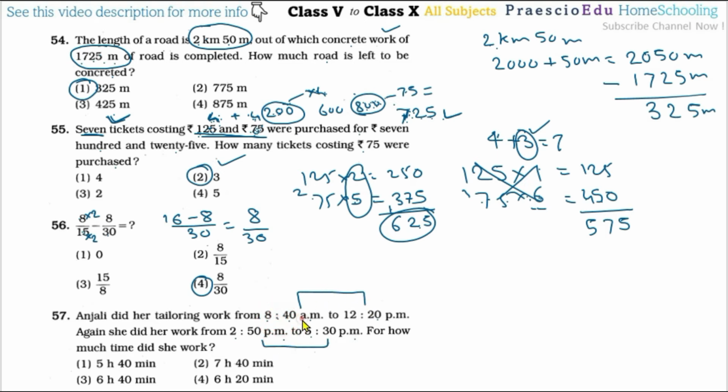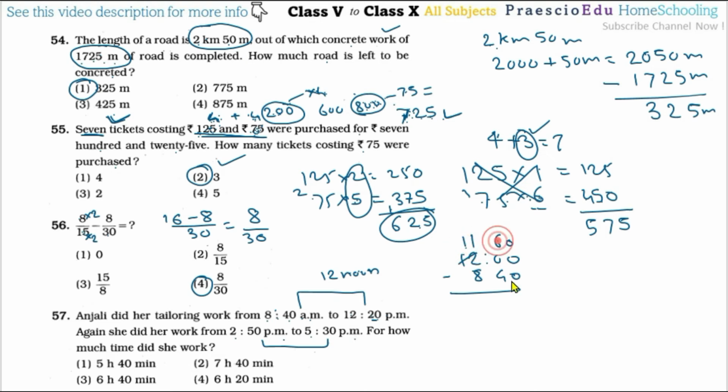So this am means the morning, and this pm means after 12, in the afternoon. So in between, 12 noon is the time. From this one to this one, this time period we will calculate, then the 20 minutes after 12, that 20 minutes we will add. So 12 noon means 12:00 minus 8:40, but 00 minus 40 is not possible, so 1 hour is reduced, and we add 60 minutes for that 1 hour.